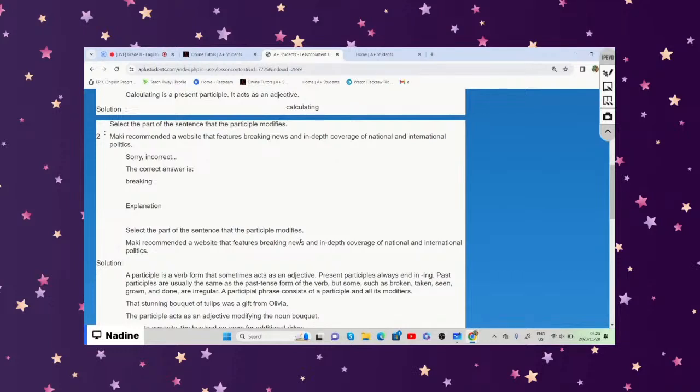We need to select the part of the sentence that the participle modifies. If we select the part of the sentence that the participle modifies, then we can select breaking.